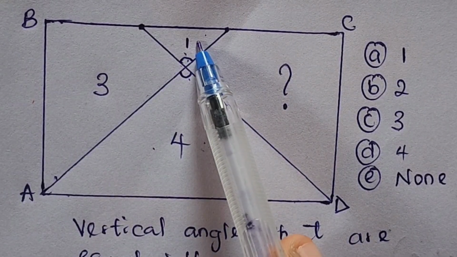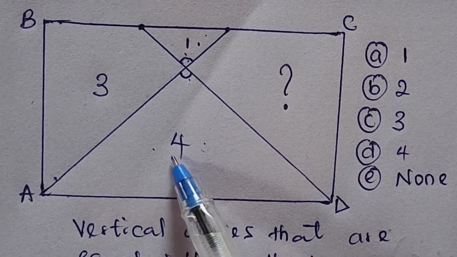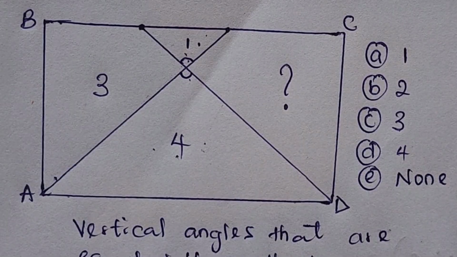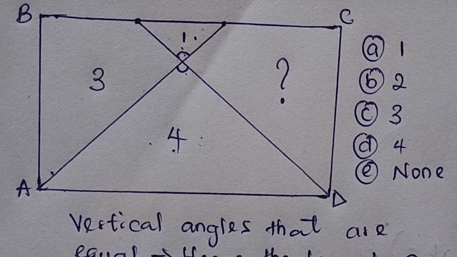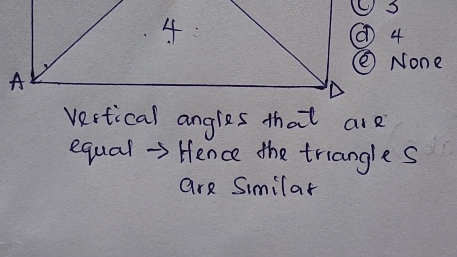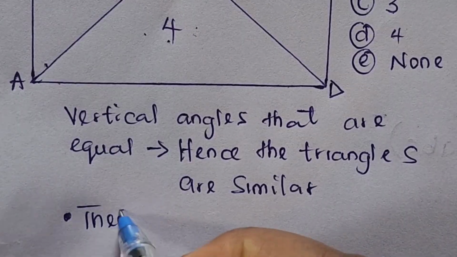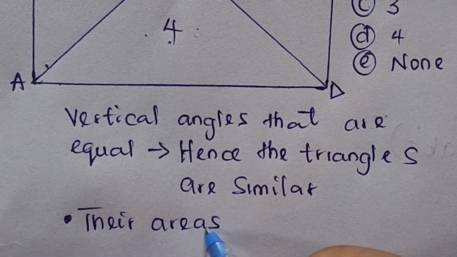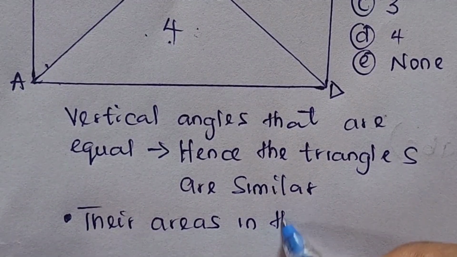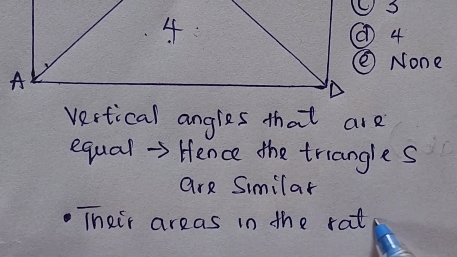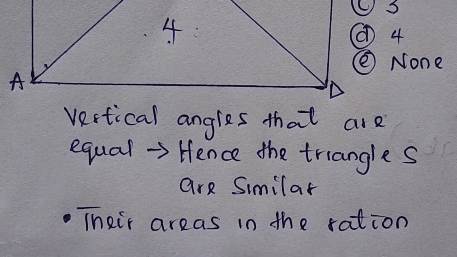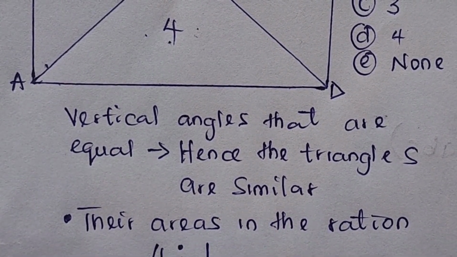Now we have the area of this triangle as 1 and we have area as 4. So we'll say that their areas are in the ratio 4:1.